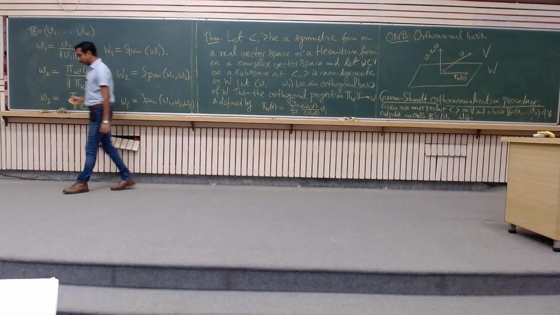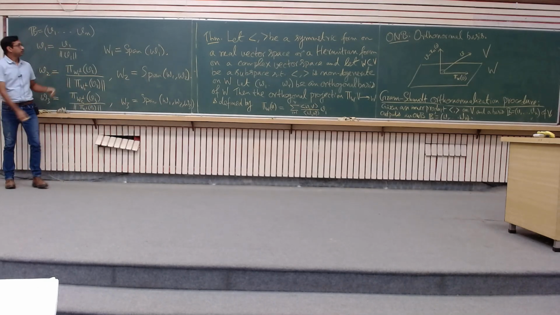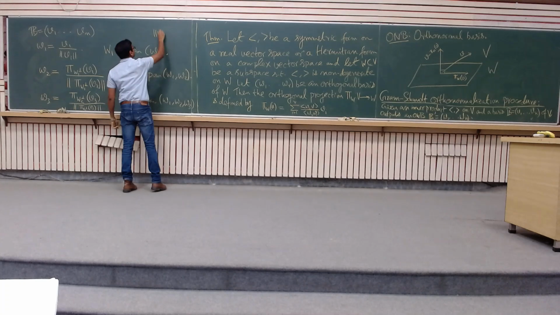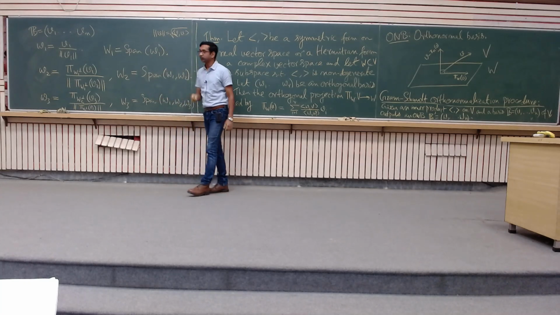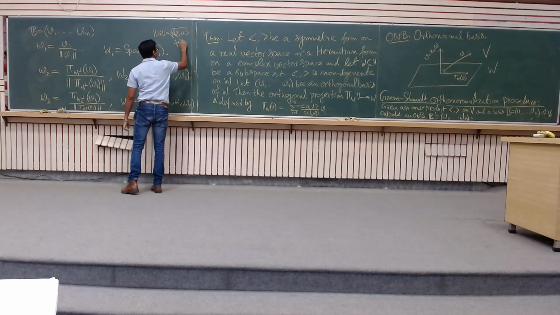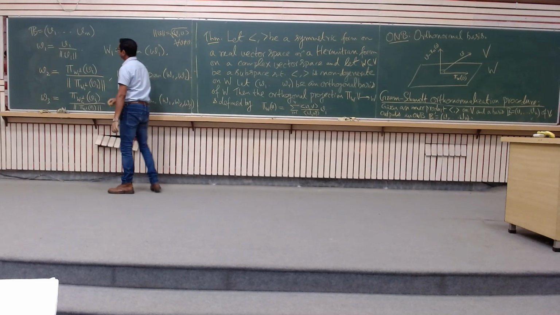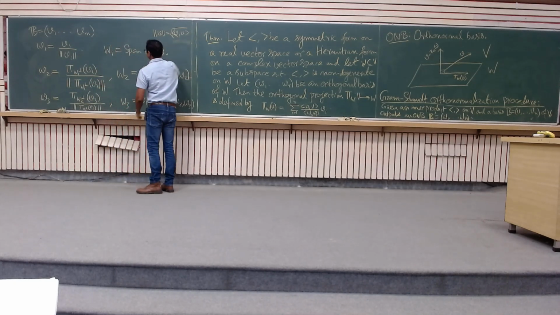The norm of any vector is given because it's an inner product. We defined norm v as this, right? And we can do that because it's a positive definite inner product. So, of course, for all v not equal to 0. And even for 0, it's just 0 then. This is an unnecessary condition.